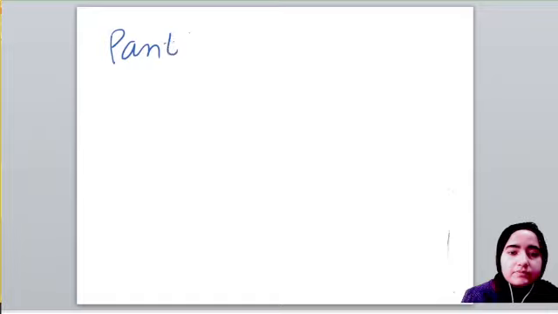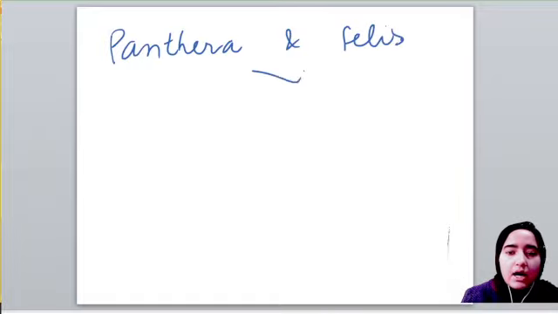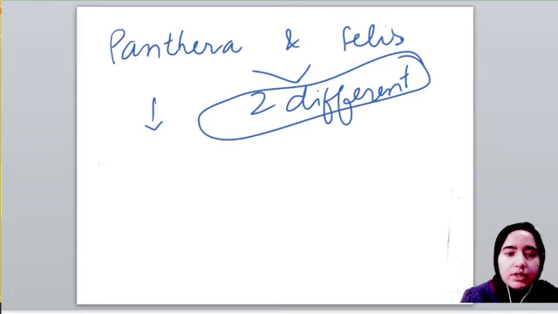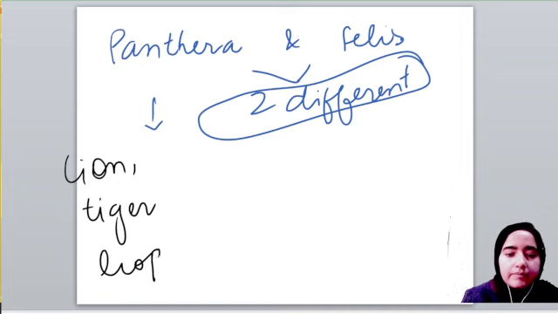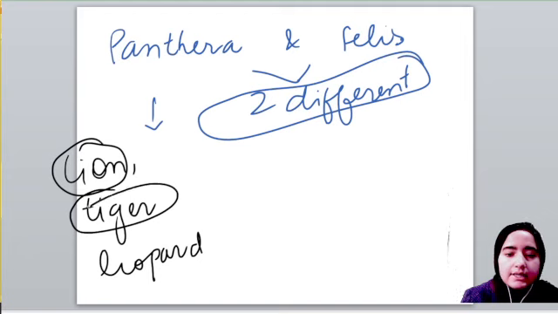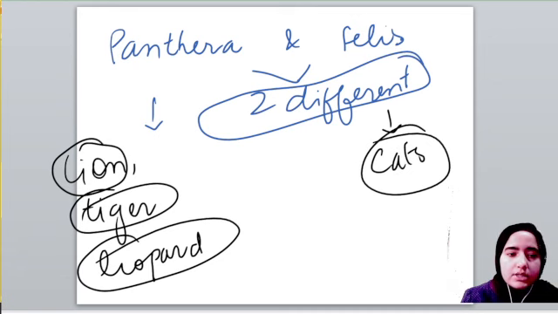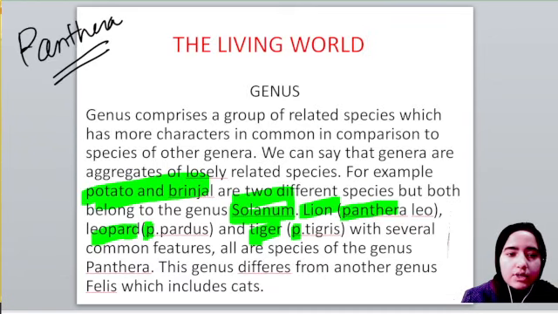Panthera and Felis are two different genera. Panthera includes lion, tiger, leopard. Lion means Panthera leo, tiger means Panthera tigris, leopard means Panthera pardus. Felis includes cats. I hope this concept of genus is also clear.